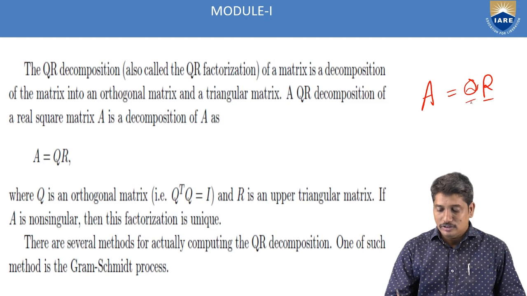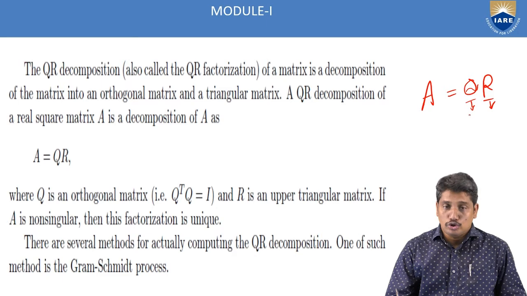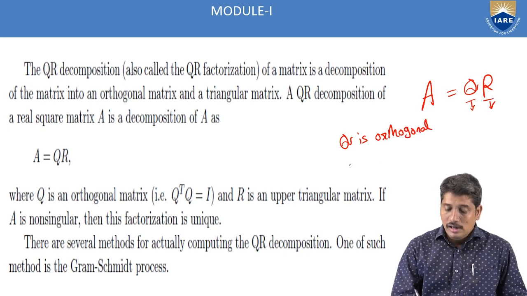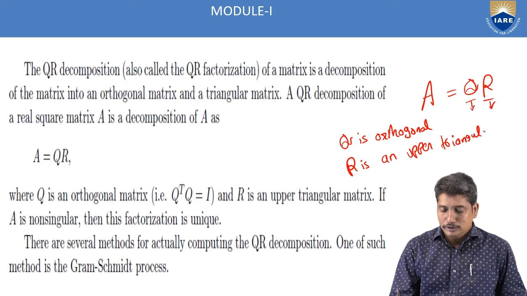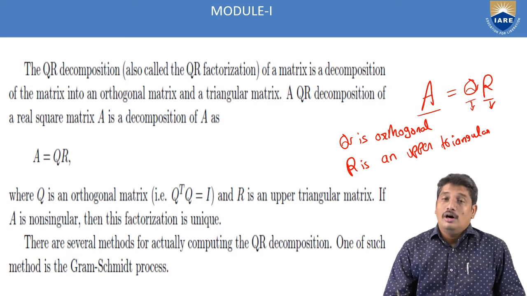The first matrix is called Q and the second matrix is named R. Q is orthogonal, and R has a specific behavior: R is an upper triangular matrix.